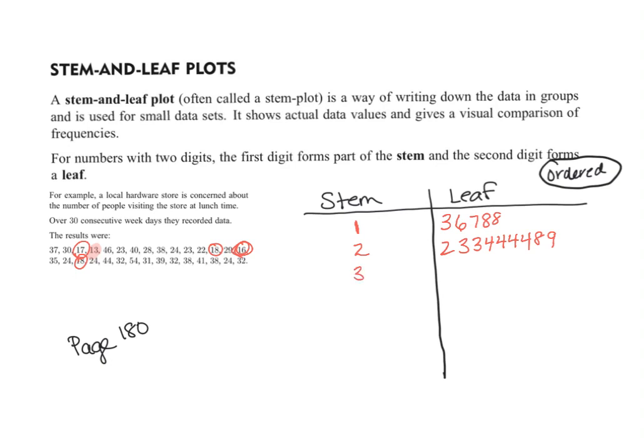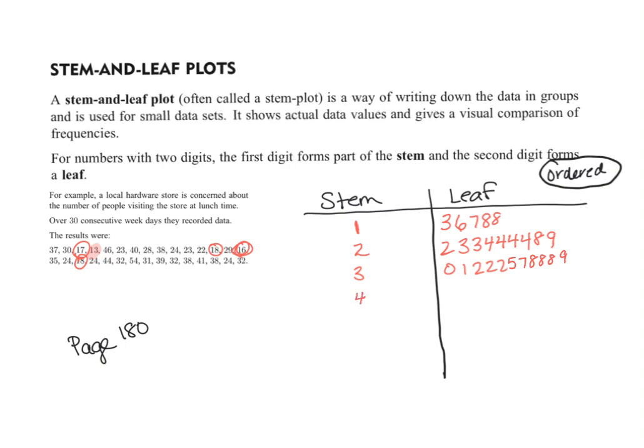Our 30s, we have 30, 31, 32, 32, 32, 33. Take that out of there. There we go. And then 35, 37, 38, 38, 38, 39.